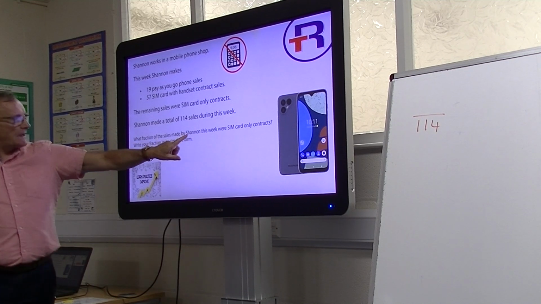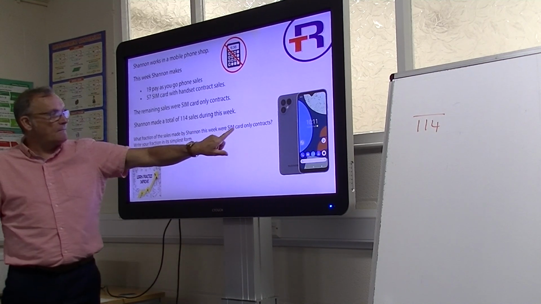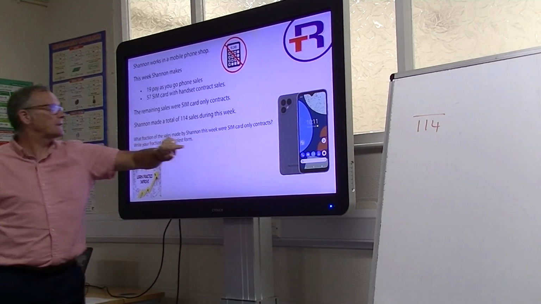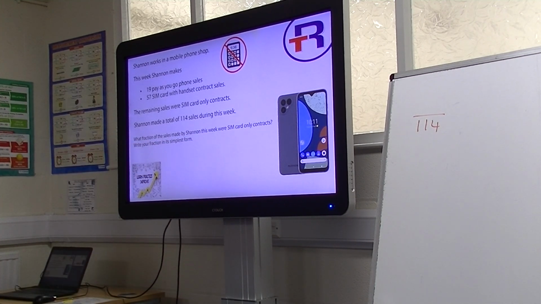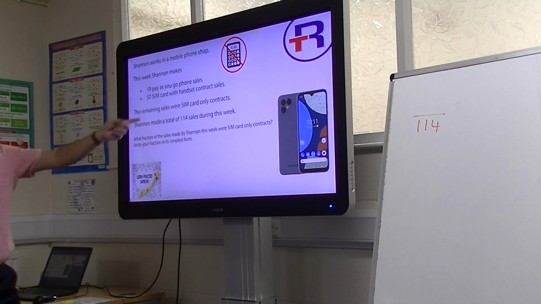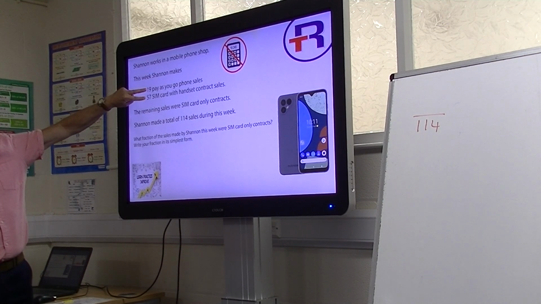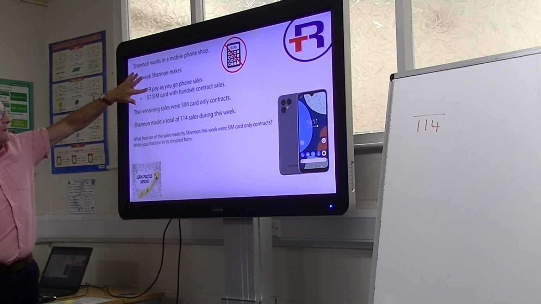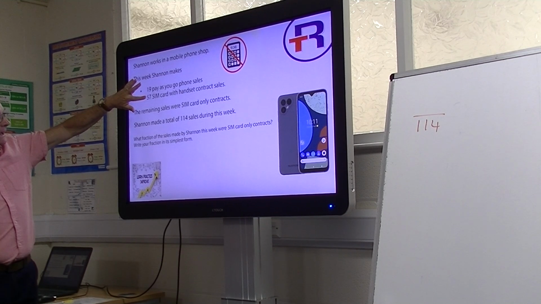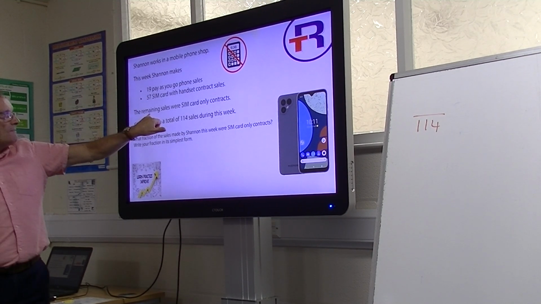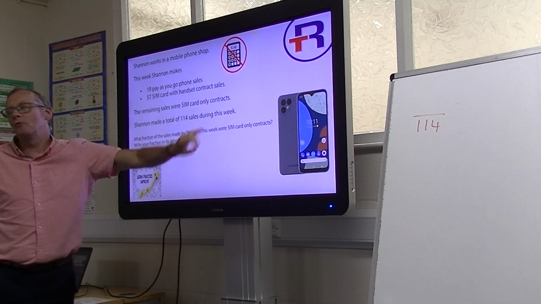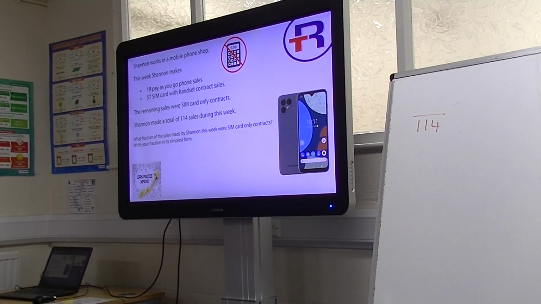What fraction of the sales made by Shannon were SIM card only contracts? So what you've got to do now is find the difference between the total and those two numbers added together, because they're your pay-as-you-go phone sales and your SIM card sales with handset. The remaining sales were SIM card only.